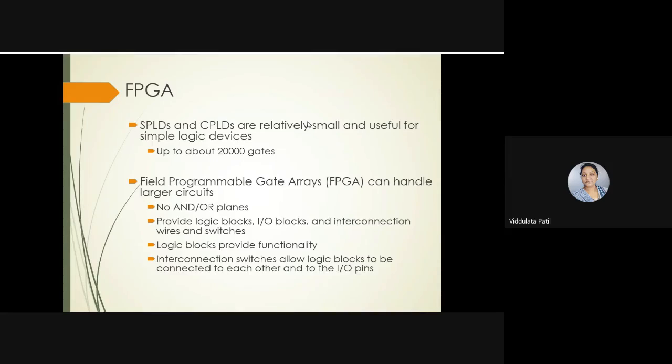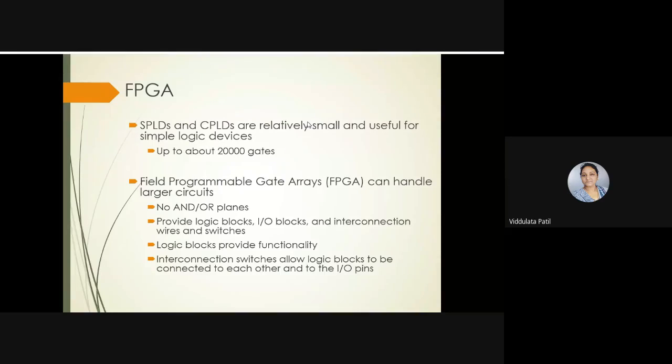Then the logic blocks provide the functionality of the circuit, and the interconnection switches used in an FPGA allow logic blocks to be connected to each other, and also to IO pins. So remember that in an FPGA we have logic blocks, IO blocks, and interconnection wires and switches. In a CPLD, what types of blocks were we having? We had functional blocks, IO blocks, and interconnection switches.